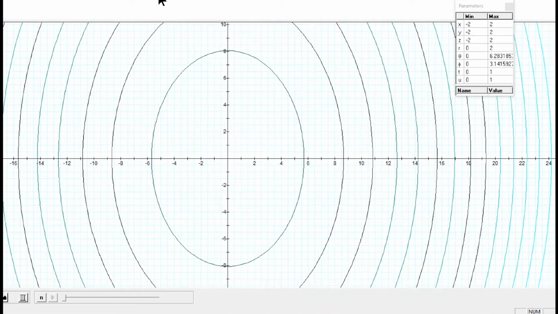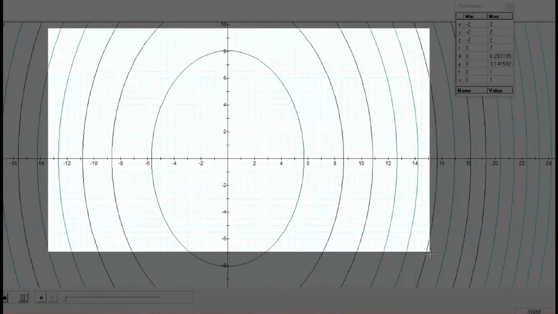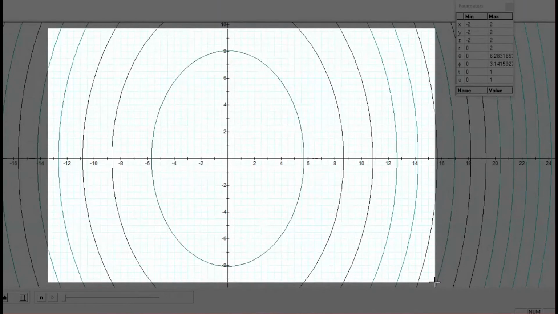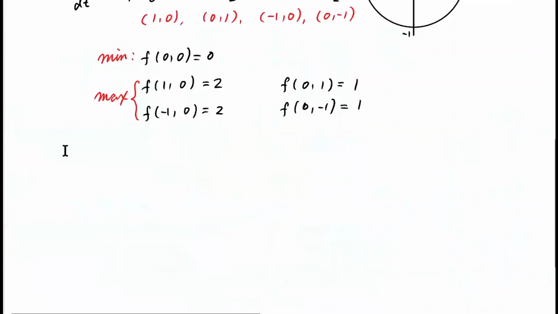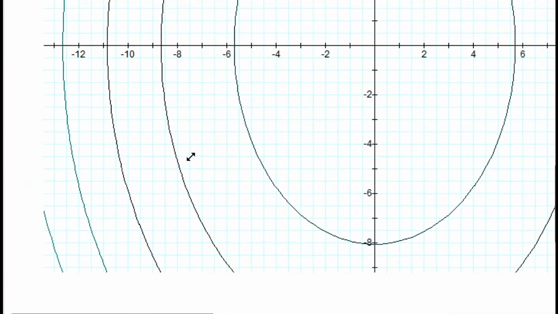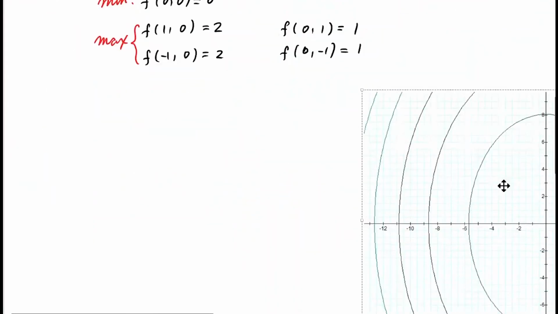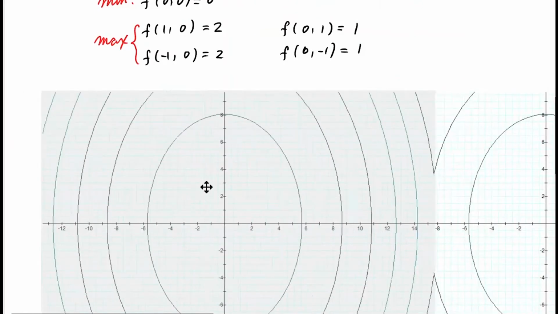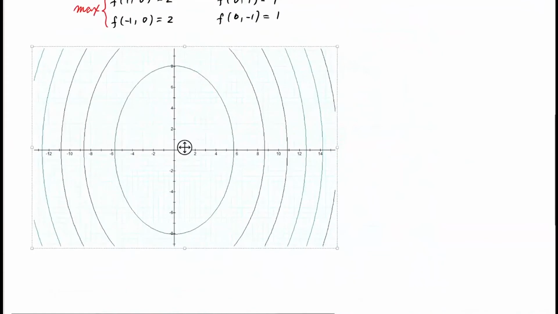Okay, I'm gonna screen capture this. So we have this contour map. So far, so good.